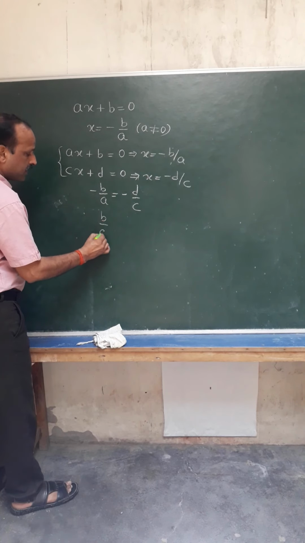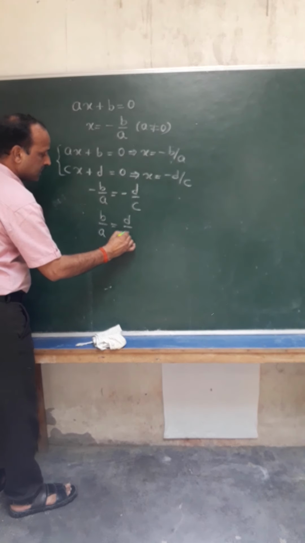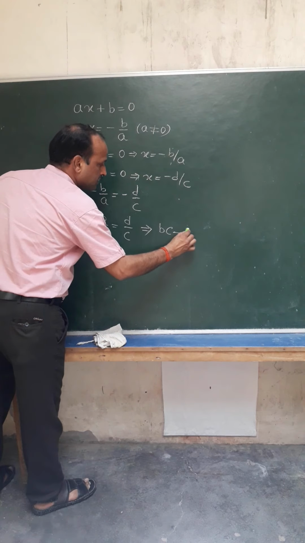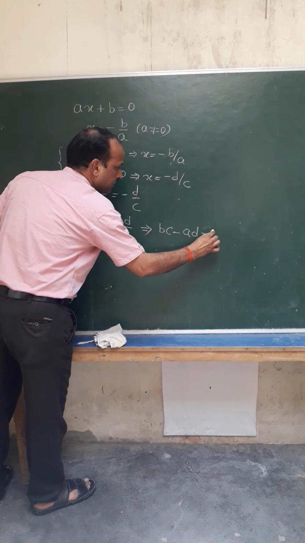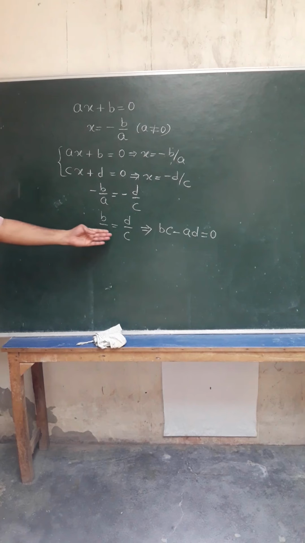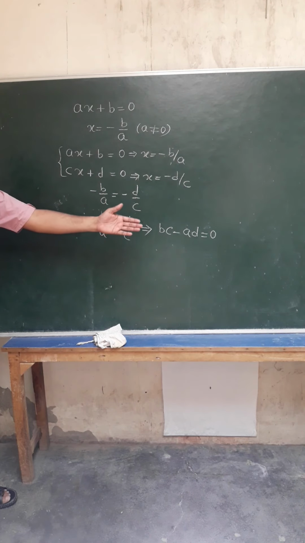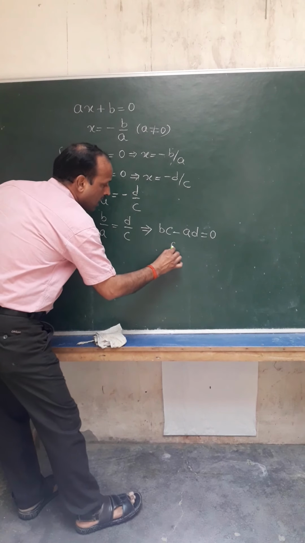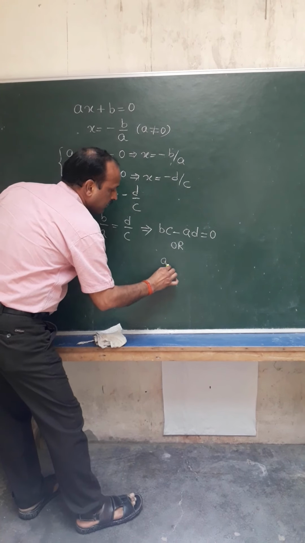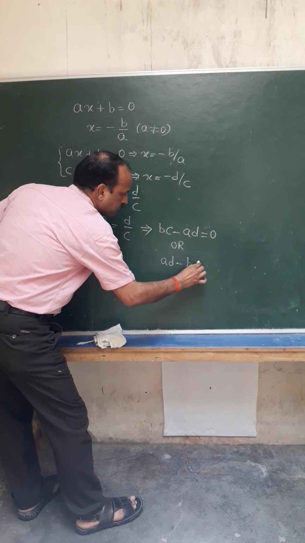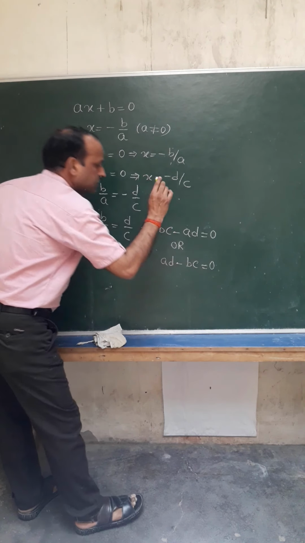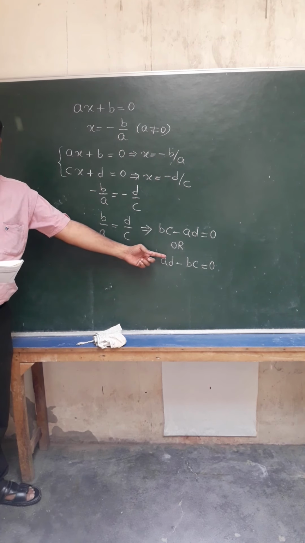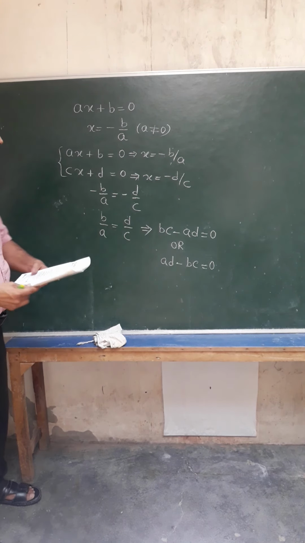Alright, b by a equal to d by c, and this implies BC minus AD is equal to 0. Cross multiply this, BC equal to AD, which gives you BC minus AD equal to 0, or we can also write AD minus BC equal to 0.